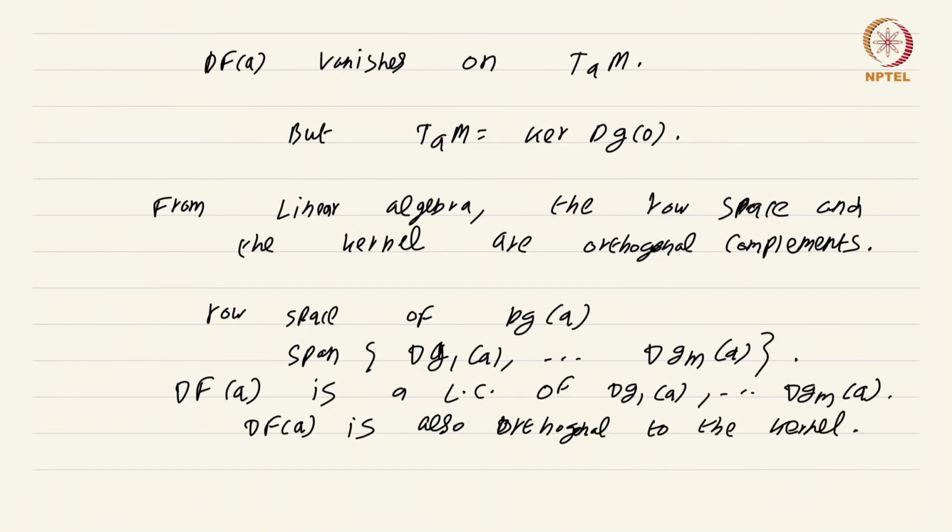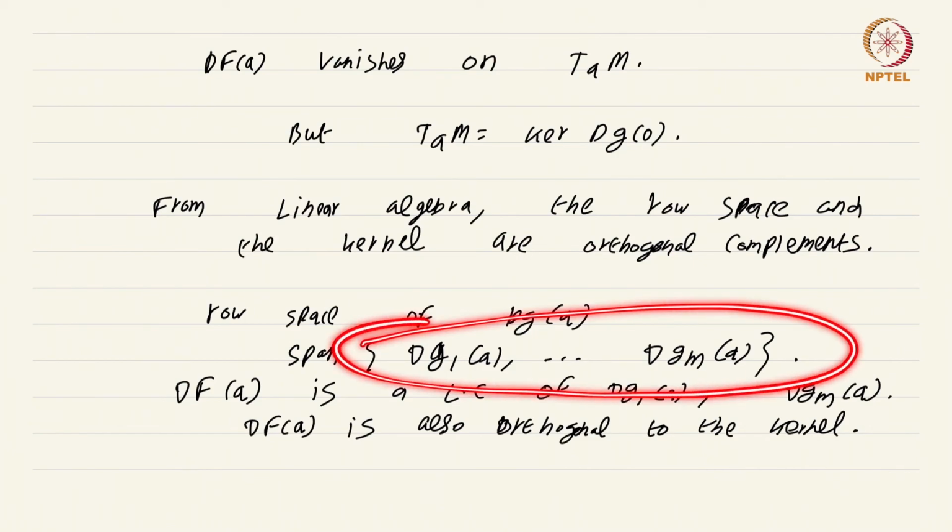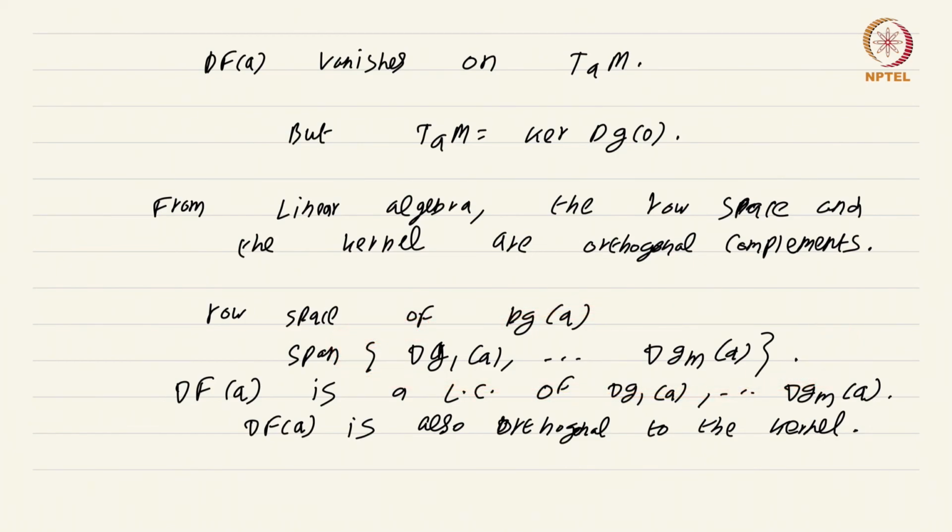Saying that dfA vanishes on TA M is saying that the gradient of f at A dot product with any vector v in TA M is 0, which just says the gradient of f at A is in the orthogonal complement of the kernel. But saying that means it is in the span of grad g1 at A, dot dot dot, grad gm at A, which is just a rephrasement of the conclusion that we need. So we are done.